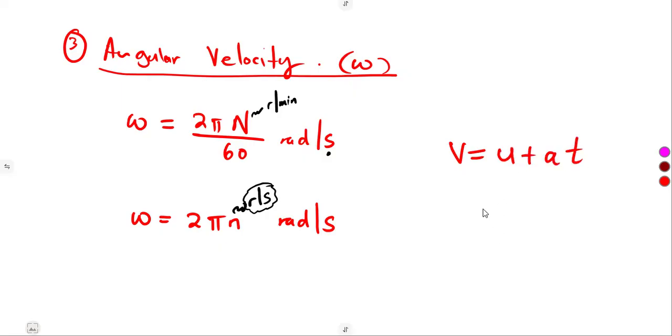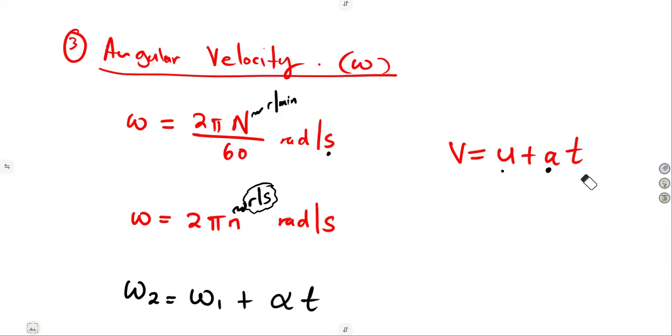What were we talking about there, guys? Linear velocity. Now we talk of angular velocity. So the final omega 2 can be given from the initial omega 1 plus this a, which under angular is angular acceleration, times the time.